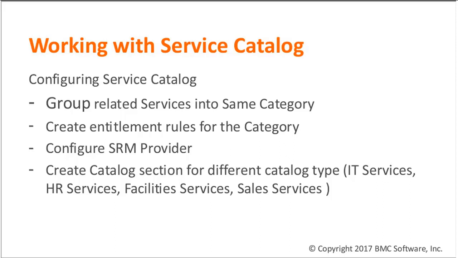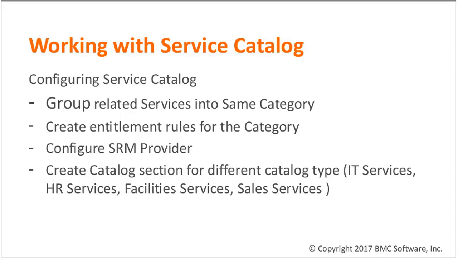For example, if you have SRDs for phone repair, account lockout, or Wi-Fi, make sure these are all grouped into the same category, like IT services or the most common IT service category, so that it becomes easy to map these categories into digital workplace.